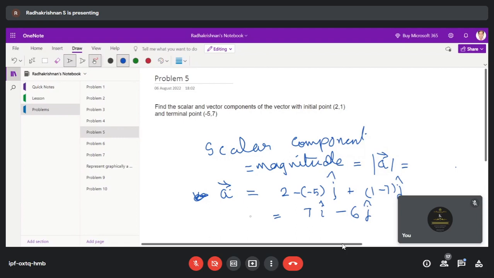Now, its scalar component is the magnitude, right? So what is the formula for that? Square root of 7 square plus minus 6 square.